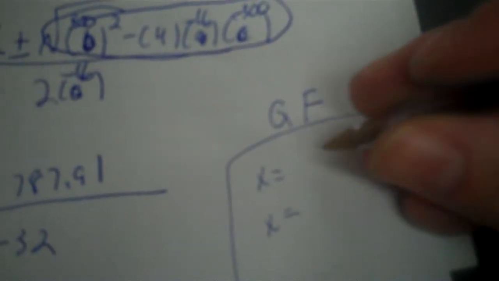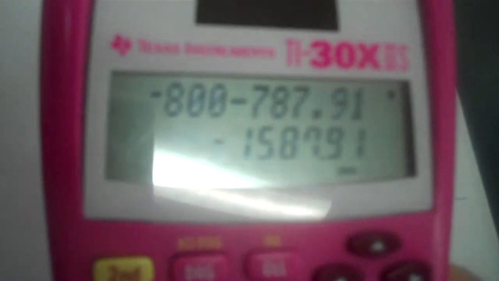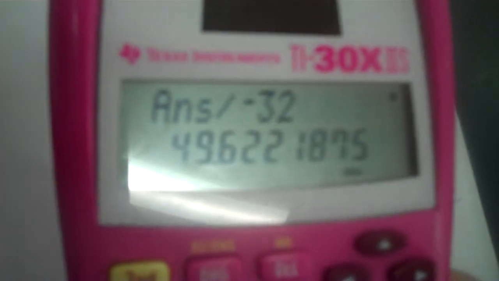787.91. Then negative 800 plus 787.91, click equals, divide by negative 32, 0.38. Negative 800 minus 787.91, click equals, divide by negative 32, 49.62.